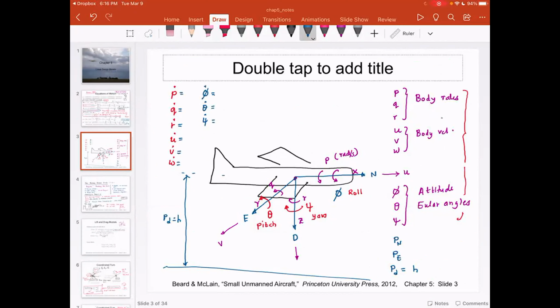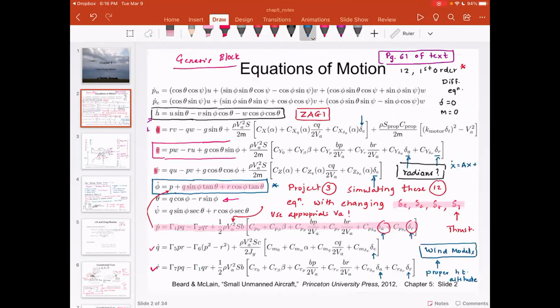The first observation is that Pe, Pd, and Pn do not appear in these equations. Next, you will observe that these equations are coupled. So if you notice, all the way from here to here, these equations are coupled.